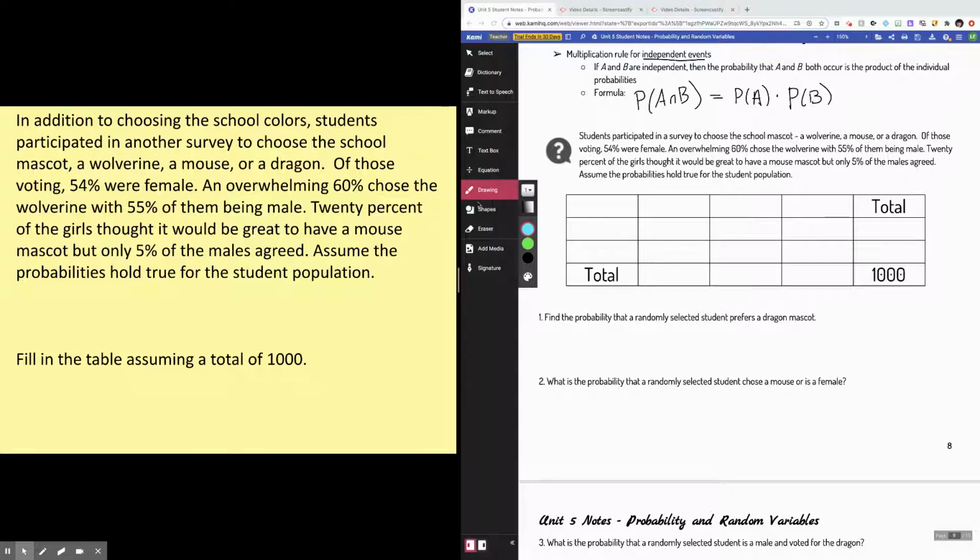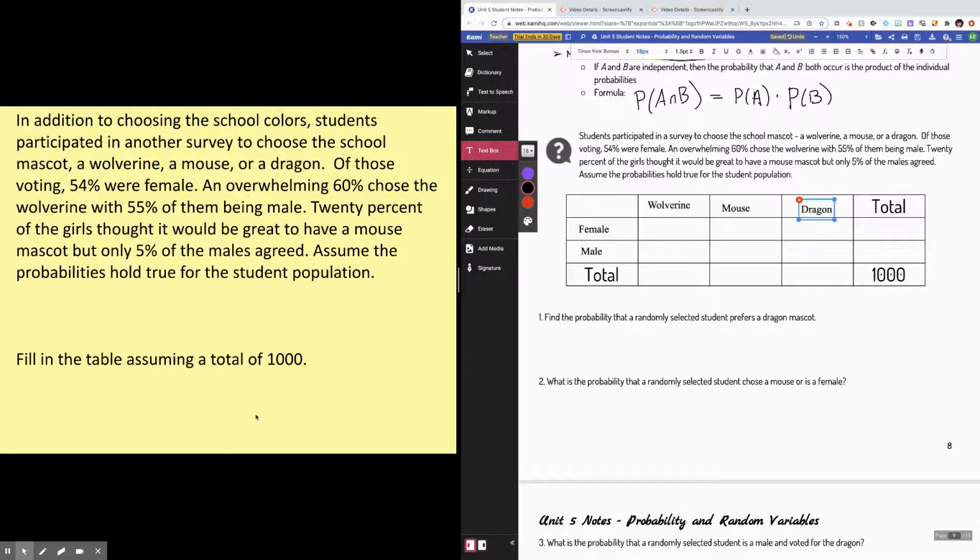Okay, so we have female students and male students. So those are one of my margin categories, right? And then they were asked to choose the school mascot, right? And the three options were Wolverine, mouse, and dragon.